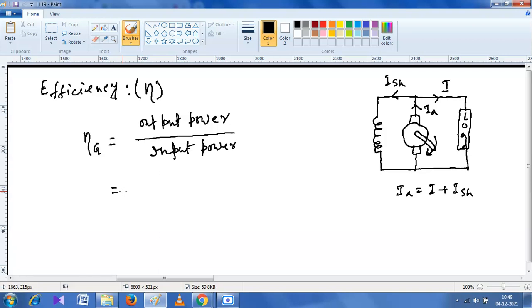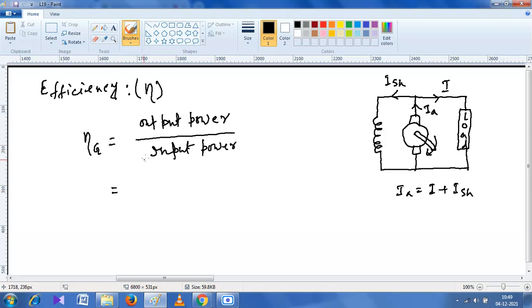Though there is a conversion of mechanical power to electrical and electrical power to mechanical, don't get confused. We write the efficiency in terms of electrical power, because electrical quantities are measured easily compared to mechanical quantities. With the help of voltmeter and ammeter, we can easily measure the voltage and current.